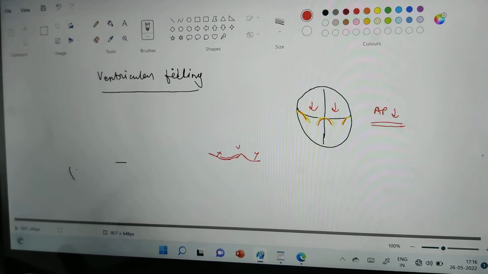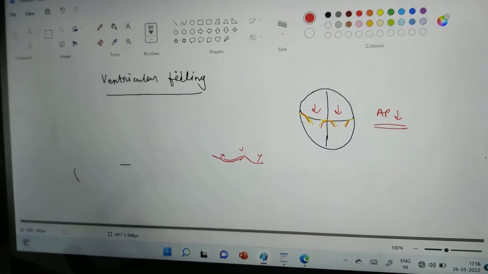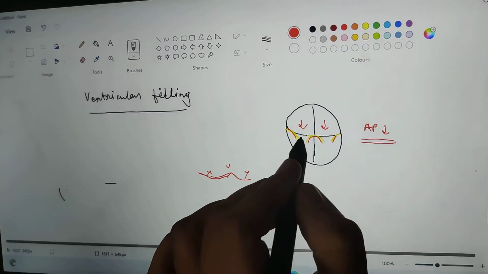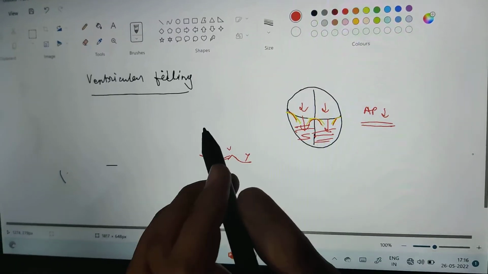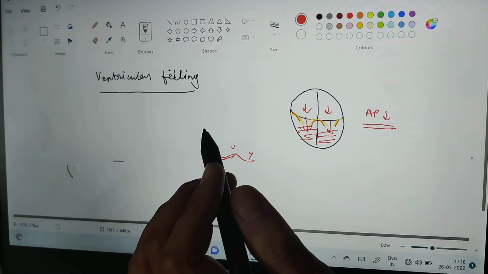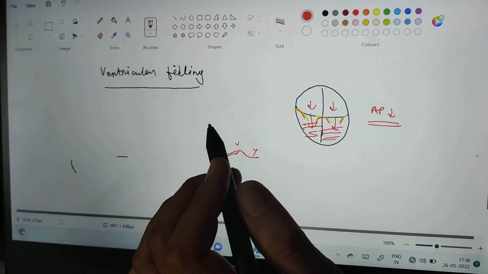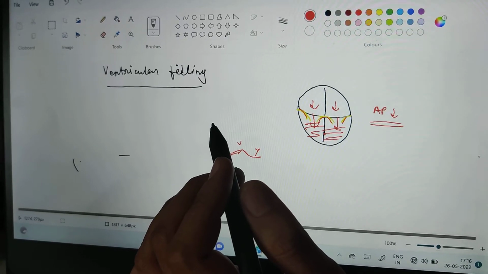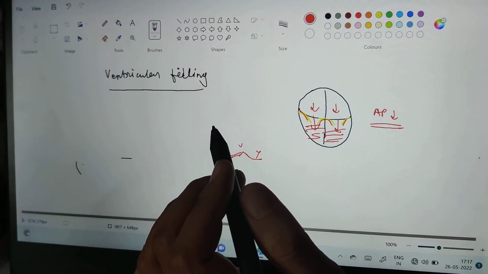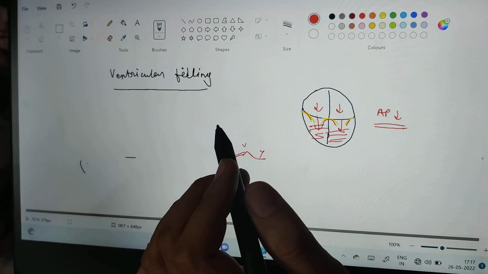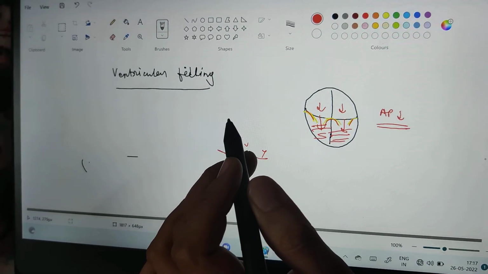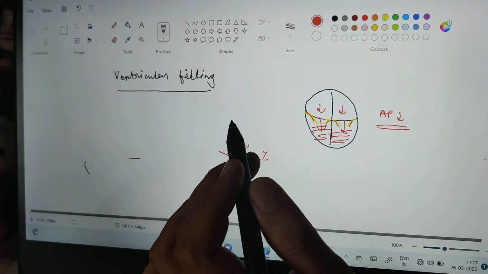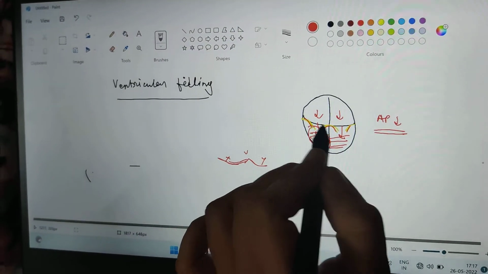The ventricles refill initially rapidly, the rapid filling phase, and then more slowly as the ventricles expand.